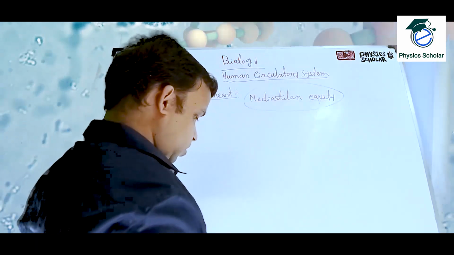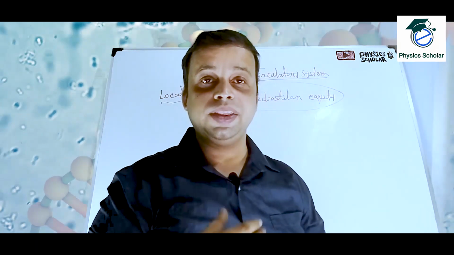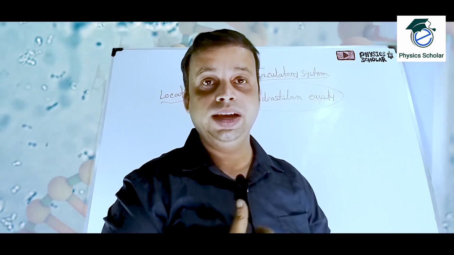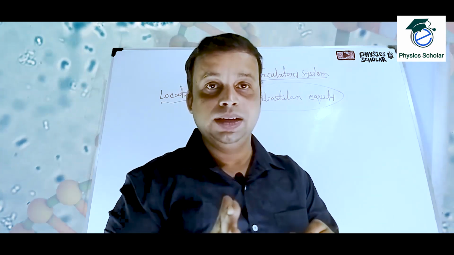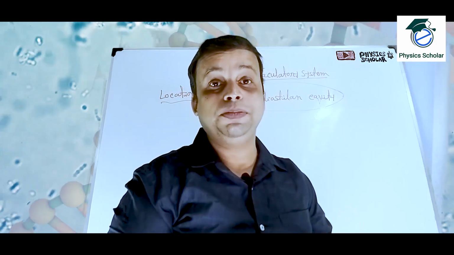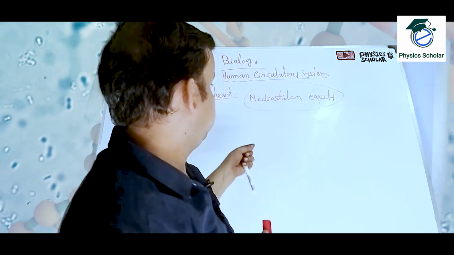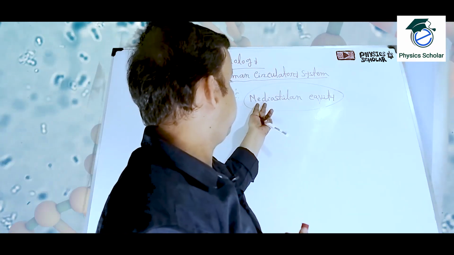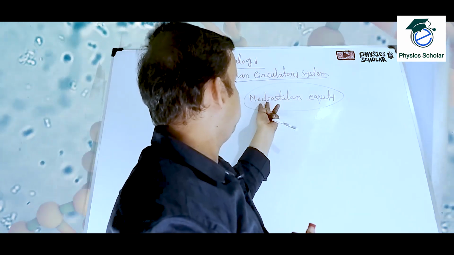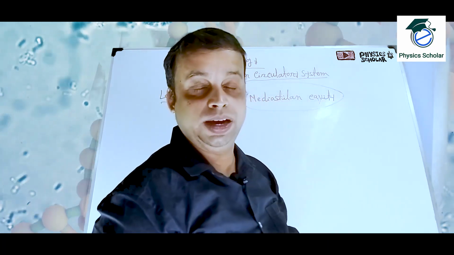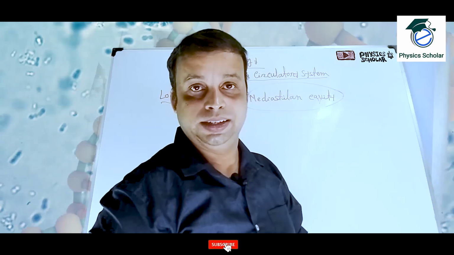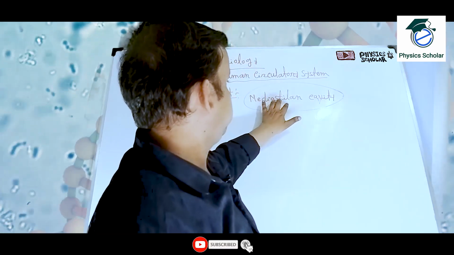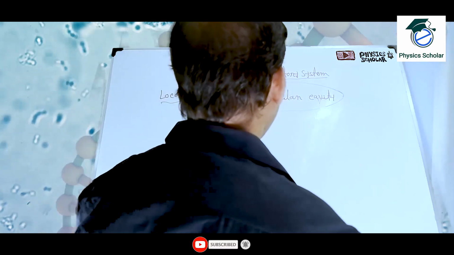So what is that? In our chest, between the two lungs, slightly towards the left side of the chest. Clear? There is one cavity that is known as the mediastinum cavity. So the heart will be situated inside that. Clear? So it will be situated in the mediastinum cavity.